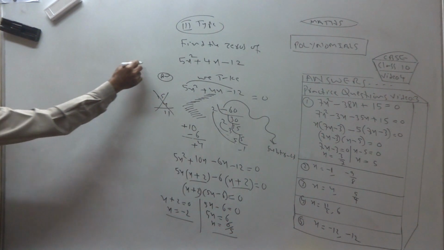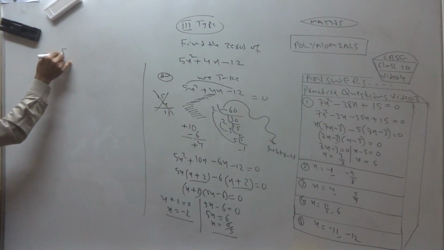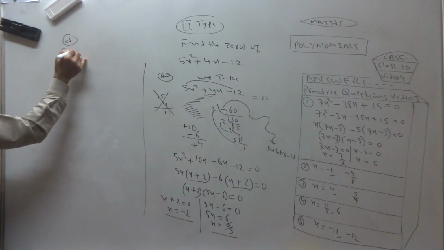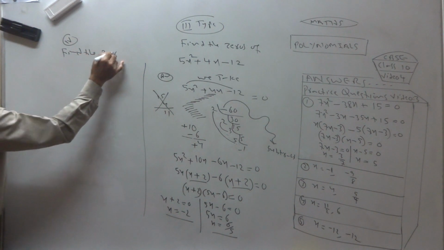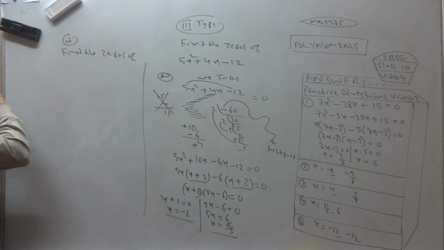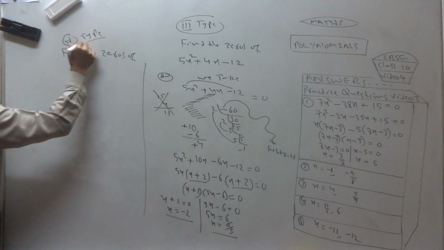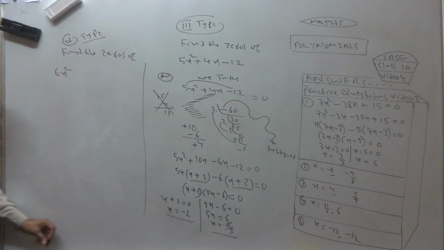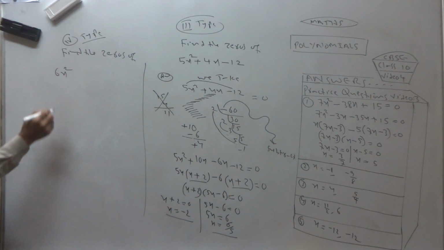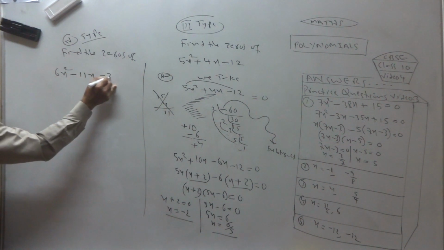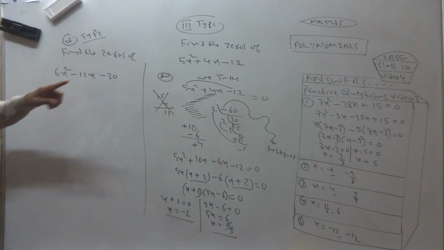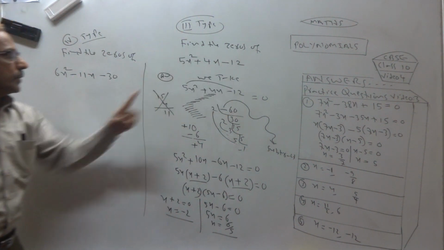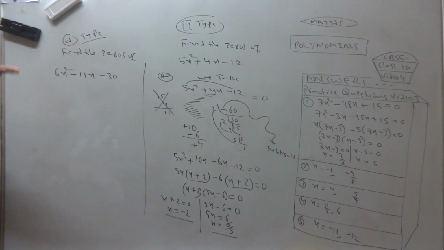Clear? Now I am doing the last type. Fourth type. Find the zeros of. So you just compare them. See, that was plus minus, third type. Minus minus, fourth type.